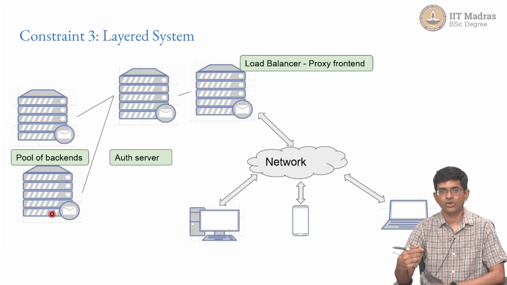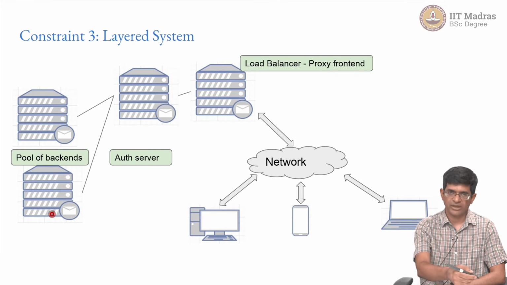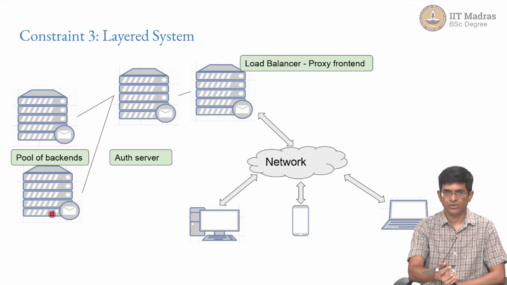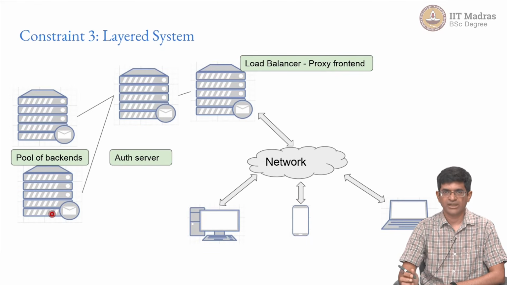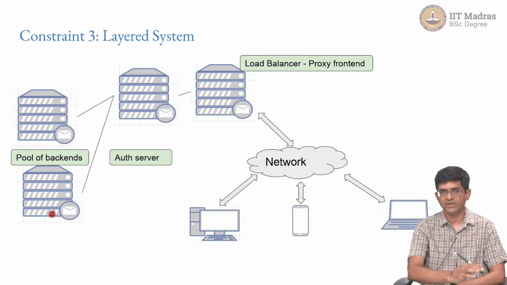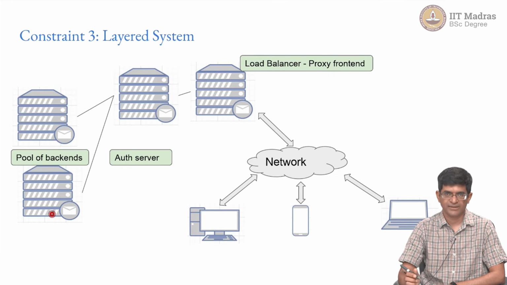Okay, it need not even know how many layers are there in the architecture, and it should not be concerned about which layer the response came from, right? In other words, if I add a new layer, something else to do authentication, or if I add another layer to maybe clean up the requests before they go in, right? Or another layer to log data, right? None of that is visible to the client, all of that is transparent, and the server can be modified without affecting the client.